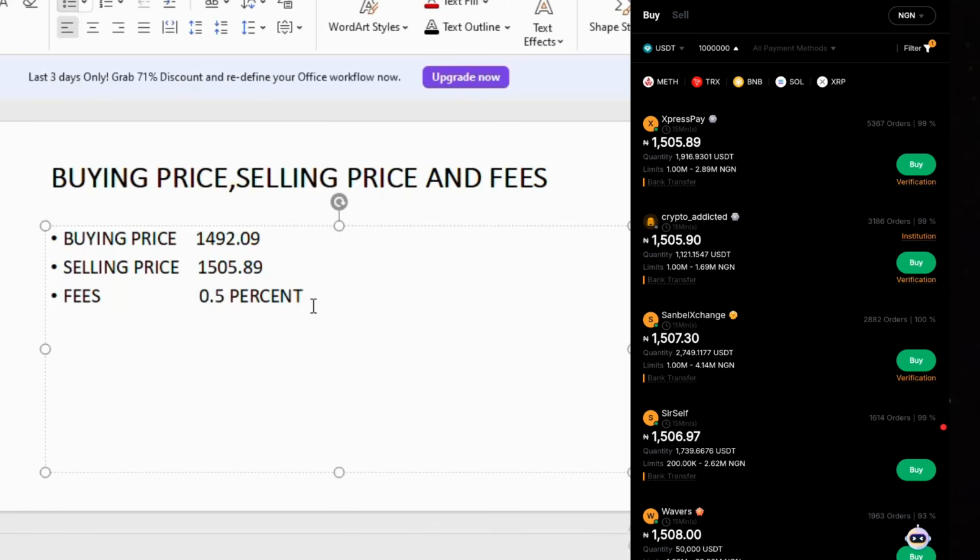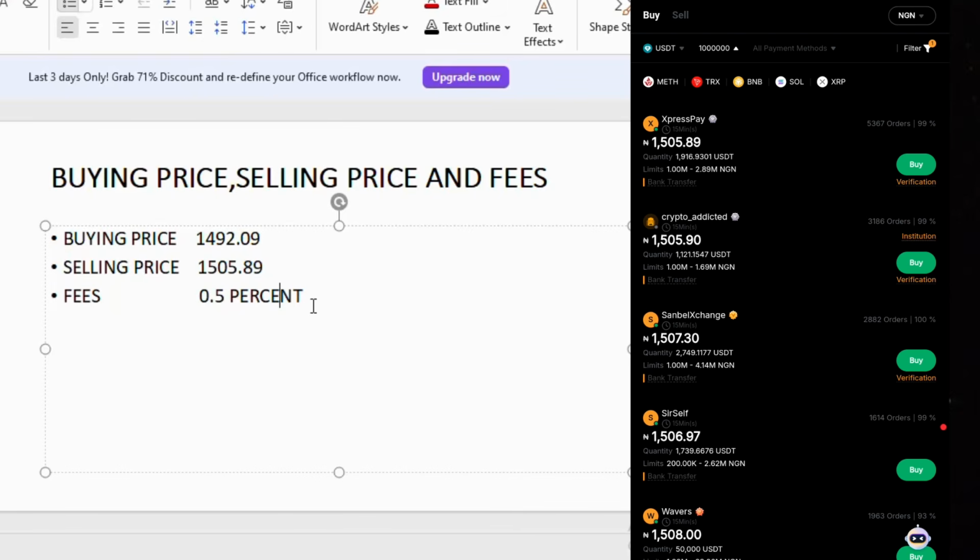If you are a block merchant, you will be charged 0.3%. If you are a normal advertiser, just a normal merchant, which is a general advertiser, you are charged 0.5%. But you will not be charged above 0.5% from your profit, both buying and selling.